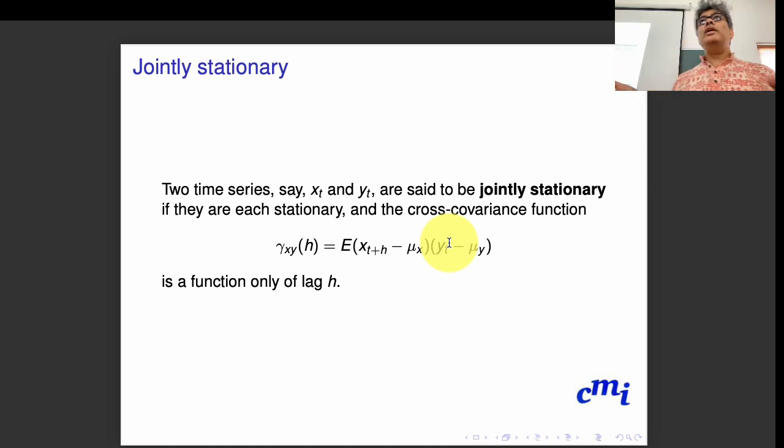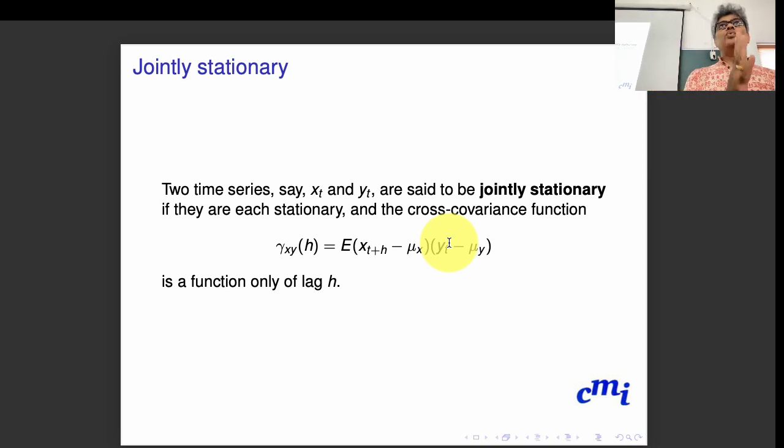What I mean is, the covariance of x1 and y3, and say x7 and y9, are the same, and it will only vary as a function of h, the lag.